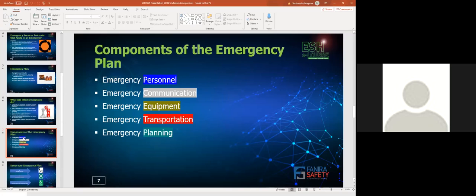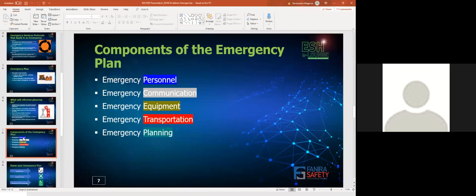Take for example a fire incident during these shutdowns. We have a fire, and people don't even know where the equipment is, or who is to take the equipment. So let's always ensure that this emergency equipment is available, always in place, and inspected.